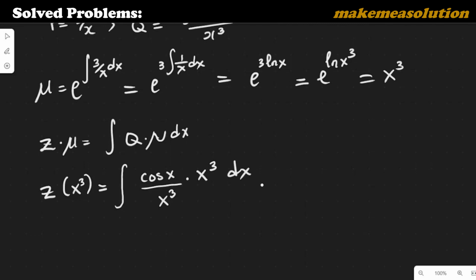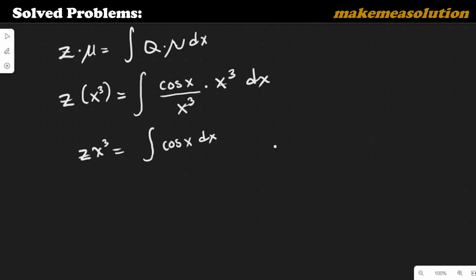So you can see now that x cubed can cancel out x cubed. So you have z x cubed is equal to the integral of cos x dx. When we integrate cos x, what do we get?